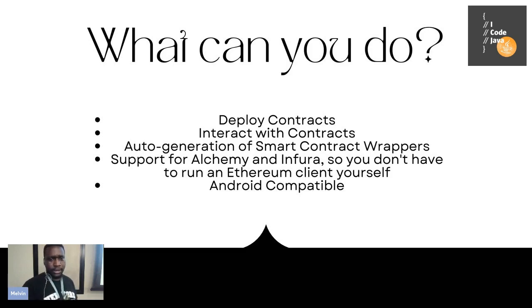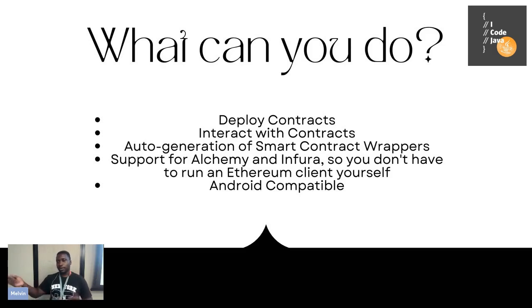And then the auto generation of smart contract wrappers: since contracts are deployed on Ethereum with bytecode, you can't really just download the bytecode and then call whatever method you want. But Web3J allows you to do that, based on the flattened code that you have of the contract, and it will generate Java wrappers for you that you can call for each method, which is quite useful.